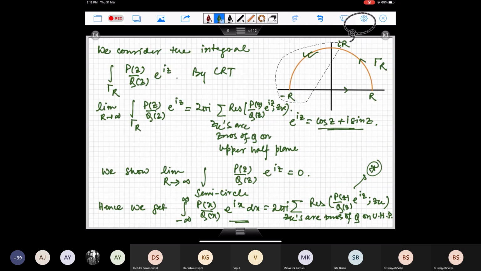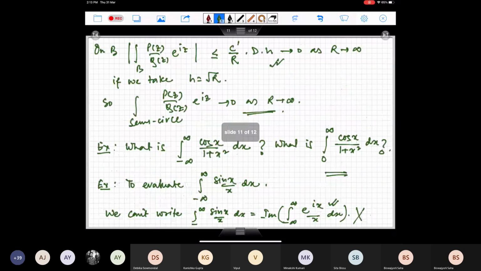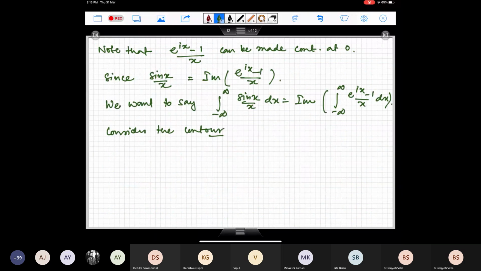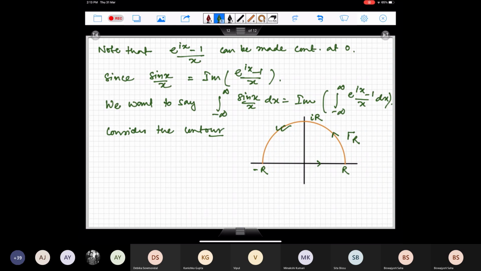I don't want to write it again, so let me just take the same contour as before. Okay, so that's my gamma r which I had.